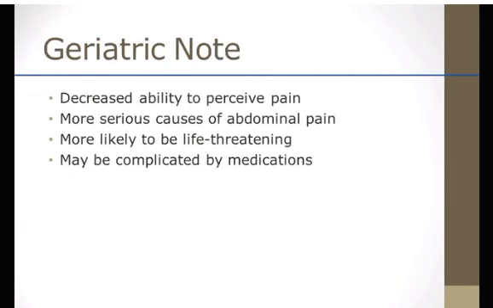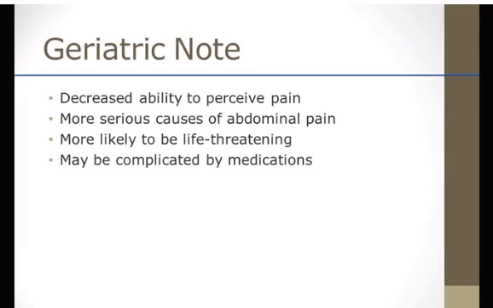So our geriatric note is our older people start to lose their ability to perceive pain because their nerves start to wear out. Diabetics are exactly the same. Diabetics lose their ability for the nerves to operate like they should. So those classes of people are not going to be able to perceive pain the same as someone that's younger and healthier.